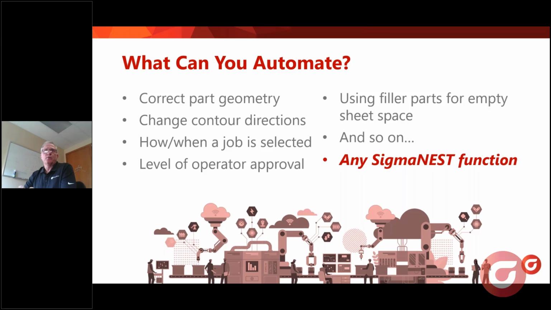The other selection is how many jobs can be selected, and when those jobs are selected. Machine Console can be set up so that you may have an environment where you've got, let's say, 60 days worth of work presented to Machine Console, but you only want that operator presented with a certain number of days worth of work.